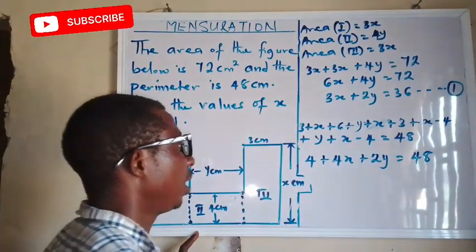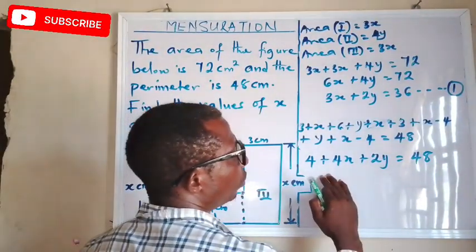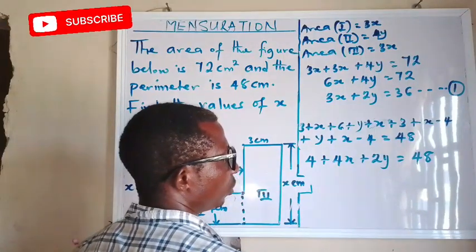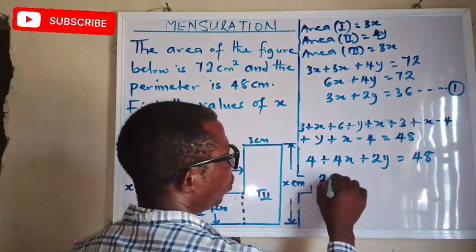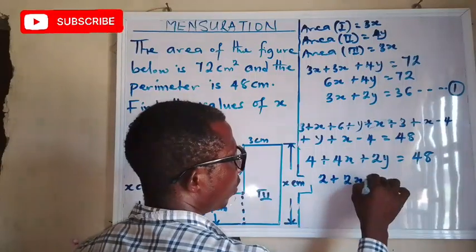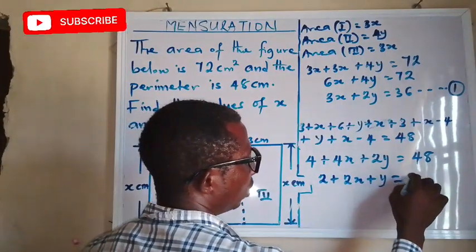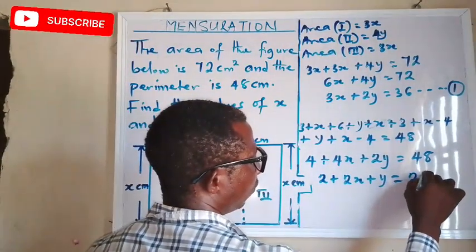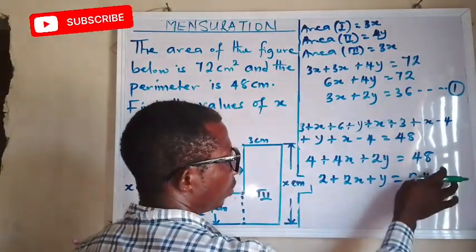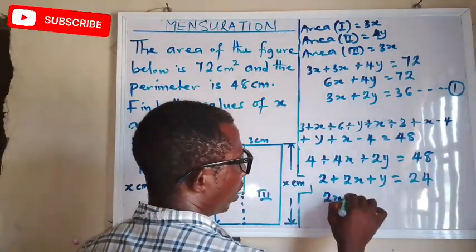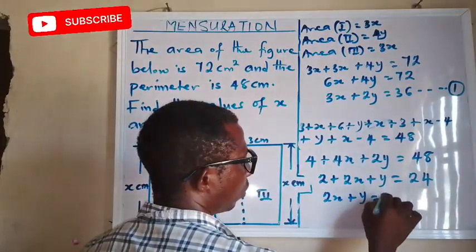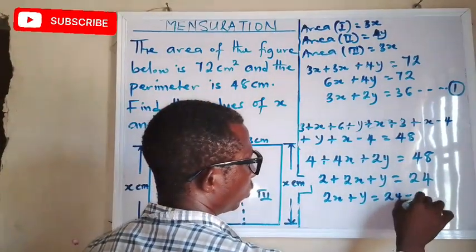All right, so you can divide through by 2. When you divide through by 2, we have 2 plus 2x plus y equals 24. So this can go to this other side. We have 2x plus y equals 24 minus 2.